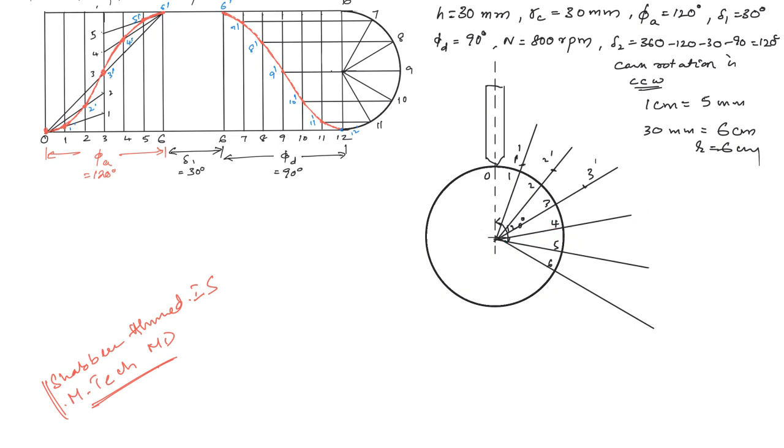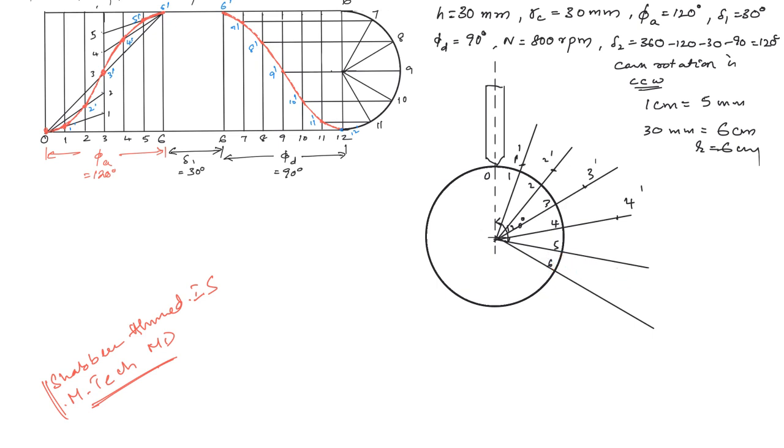Now measure 5 dash using a compass and transfer it on this line.